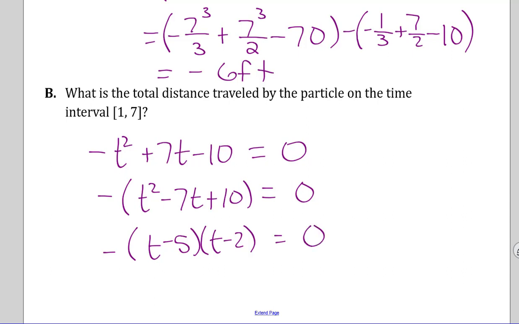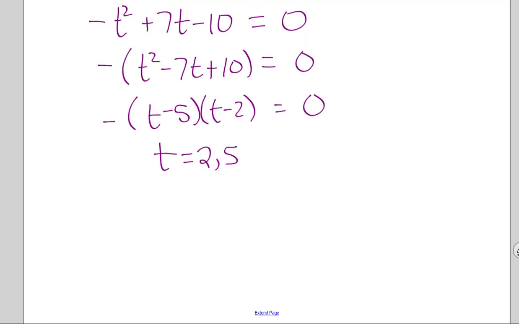And so I get x-intercepts, or places where this thing could go from positive to negative or negative to positive, at t equals 2 and t equals 5. Okay? So I'm going to break my integration up at those points.